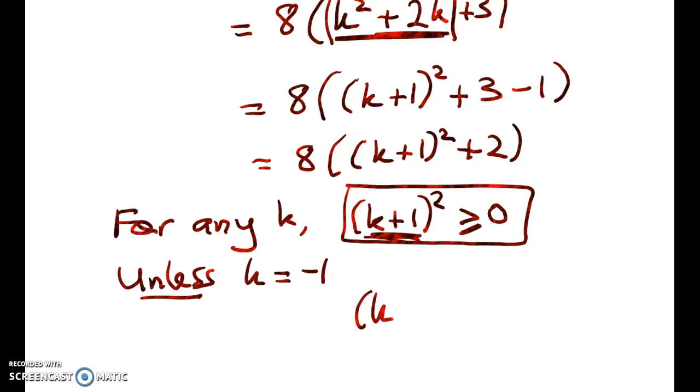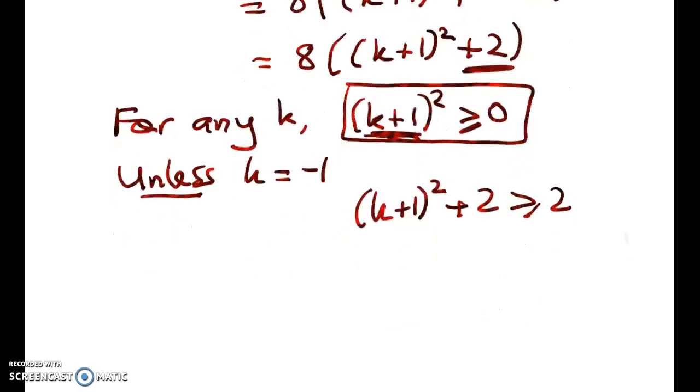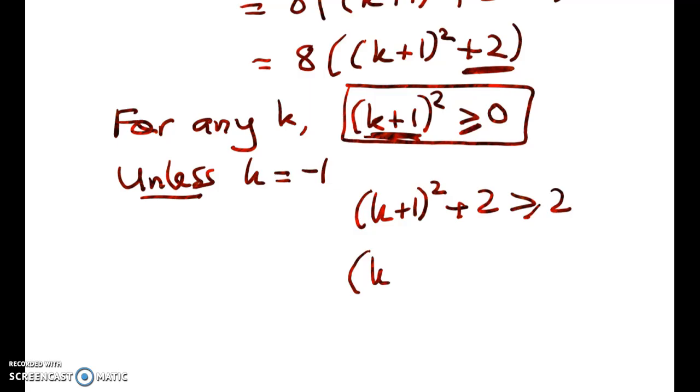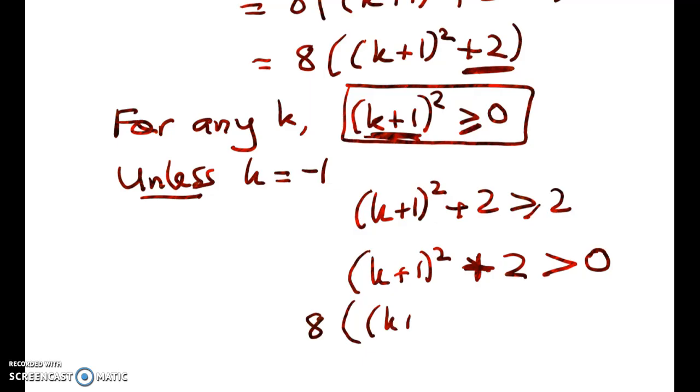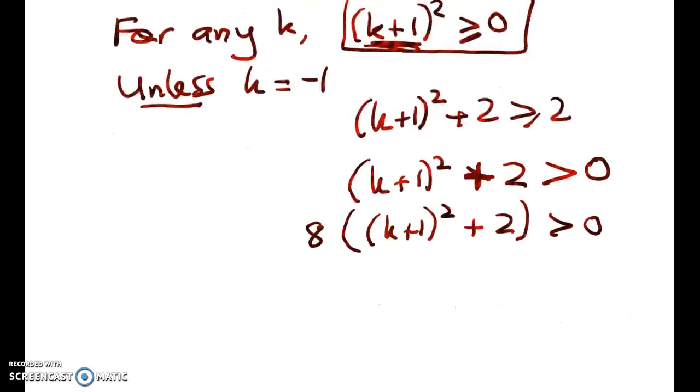But that doesn't matter because I'm going to add on 2 to it. When I add on 2, it will be greater than or equal to 2. And that means that (k + 1) squared plus 2 is strictly greater than 0. And multiplying that all by 8, it's still going to be greater than 0.